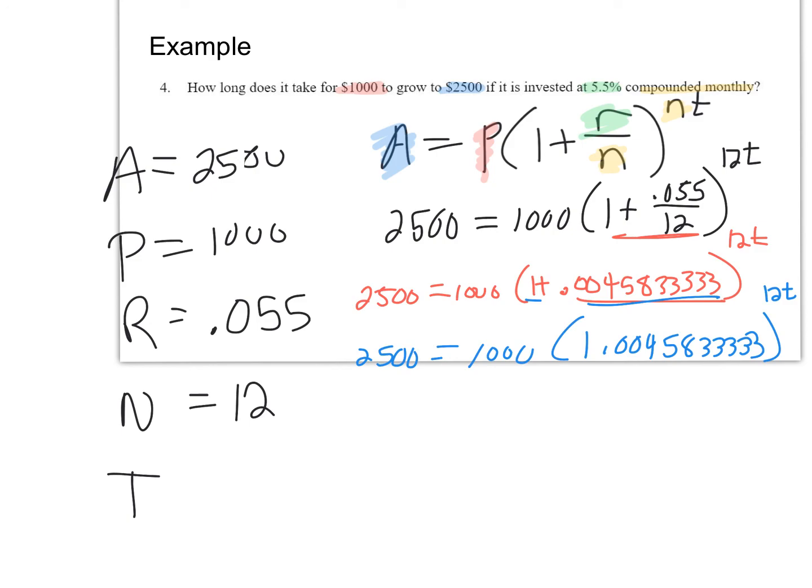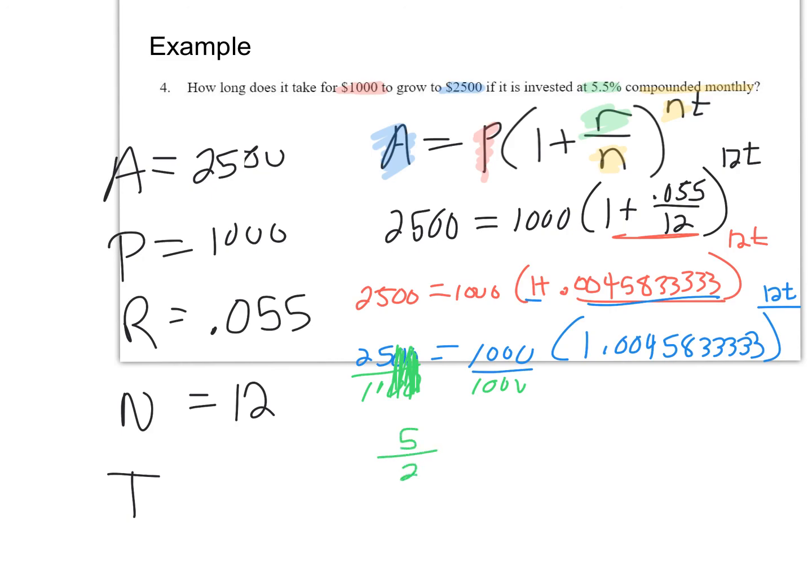Okay, now here's where the fun begins, because I got to get this exponent down now, but I can't do that with this still kicking around. So I'm going to divide by the 1,000 to get rid of it. Now, I am going to reduce a little bit here. I can do doubles the zeros by multiples of 10. And 25 over 10, I can reduce to 5 halves.